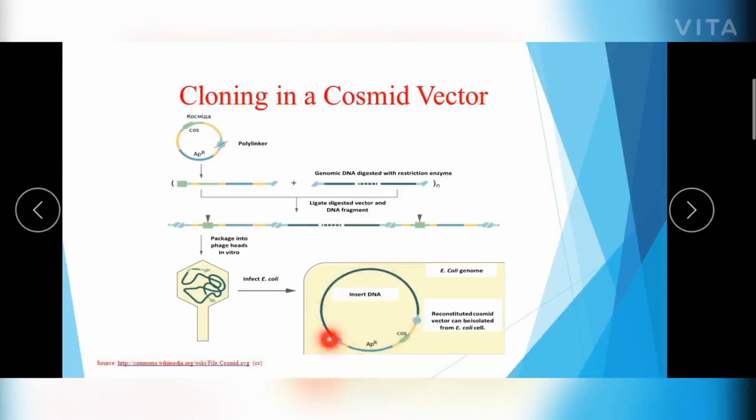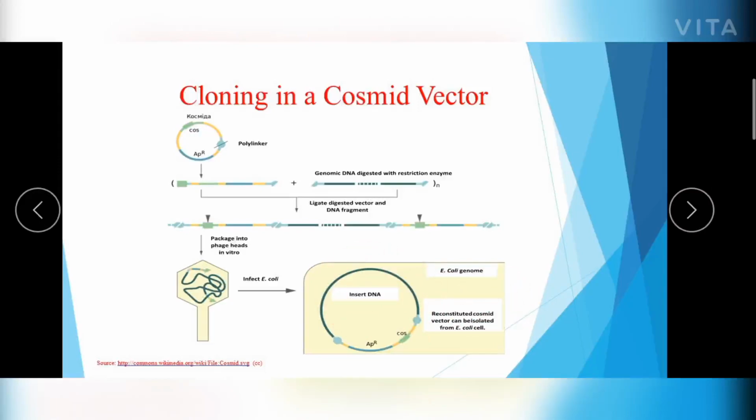And because this particular Cosmid is having the origin of replication of a plasmid, it replicates like a natural plasmid, and up to 15 to 20 copies of this Cosmid are produced inside the E. coli cell.